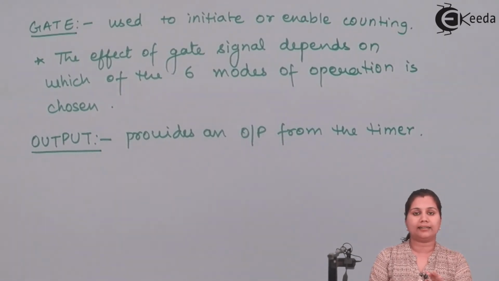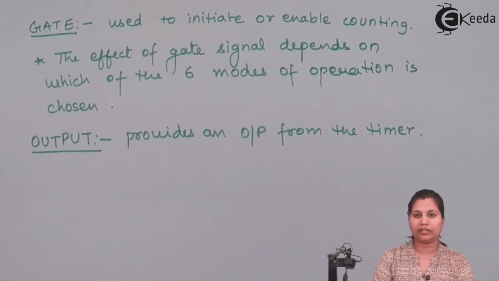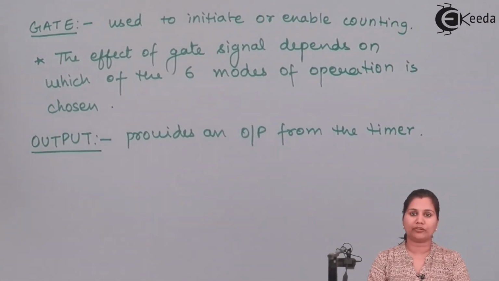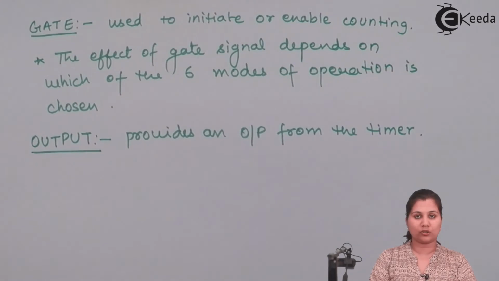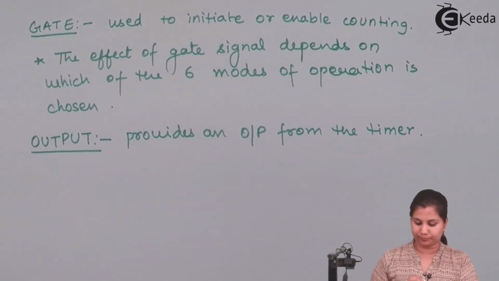At any time we can read the counter, and at the end, when the counter has become 0, it will also provide us the output of the timer. So these 3 signals, the clock input, gate and output, are associated with each of the timers: timer 0, timer 1 and timer 2.